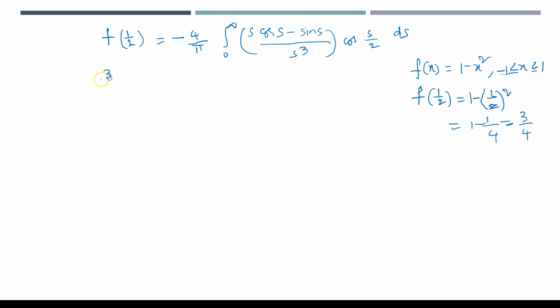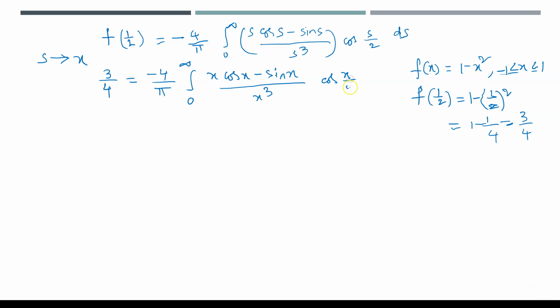So here we get 3 by 4 on the left hand side equal to minus 4 by pi integral 0 to infinity, replacing s by x, x cos x minus sin x upon x cube into cos of x by 2 dx.